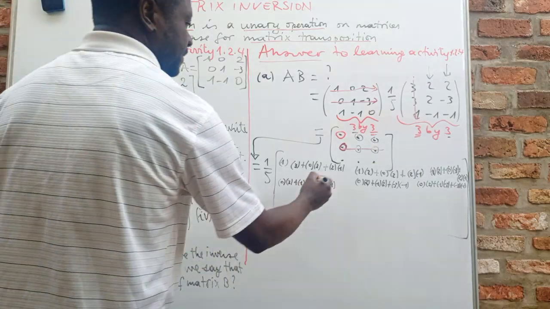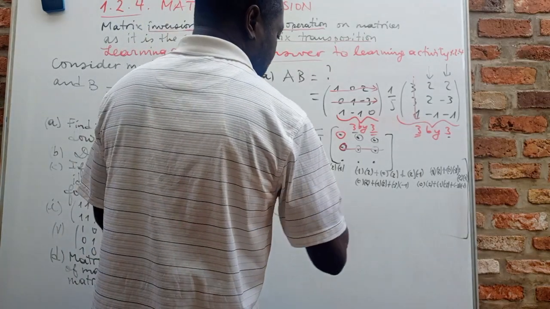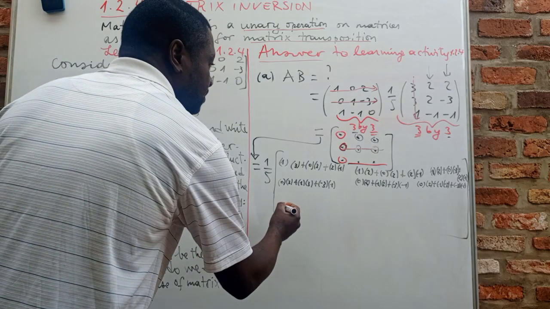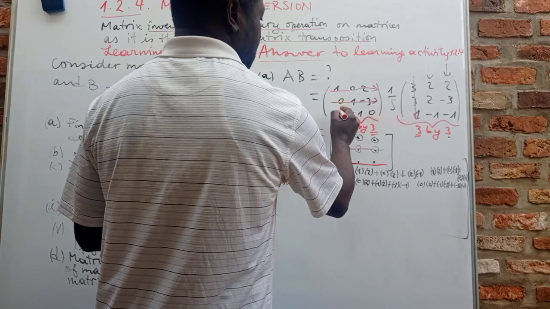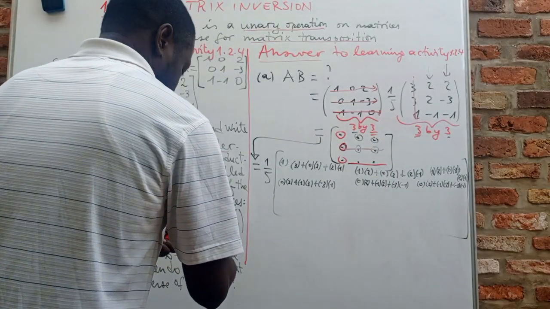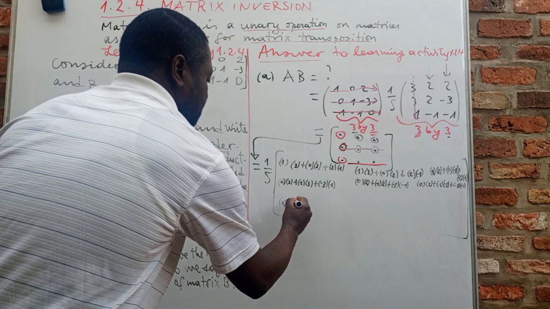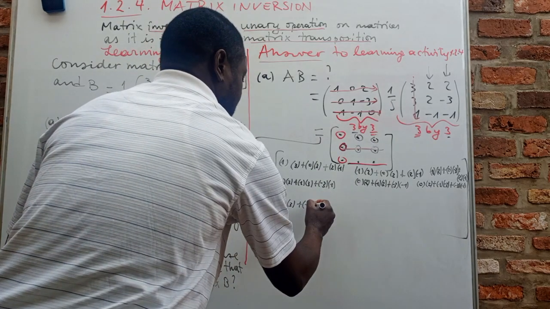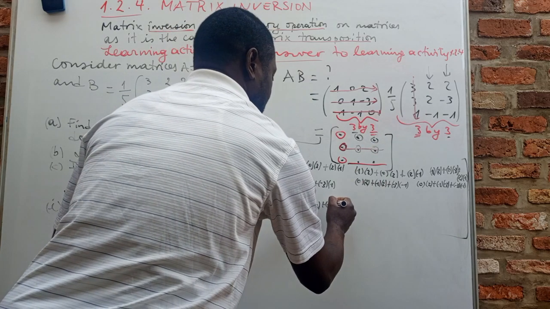Okay, now I'm going to have the third row, starting with the first element in the third row. This line times the first column first. So I'm going to have 1 times 3 plus negative 1 times 3 plus 0 times 1.